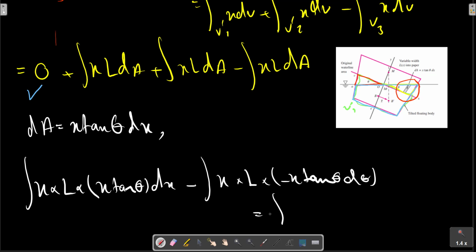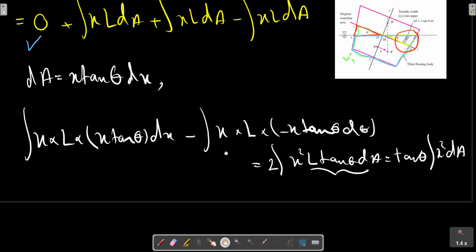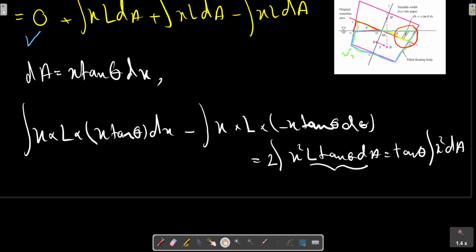So the result is tangent theta times the integral of x squared L dx, which equals tangent theta times the integral of x squared dA. So the result equals I/O tangent theta.